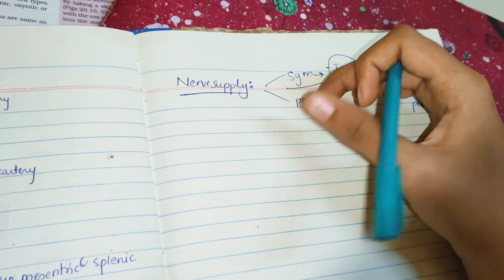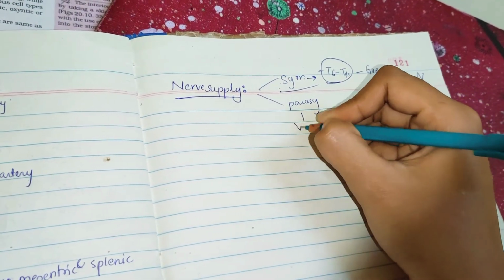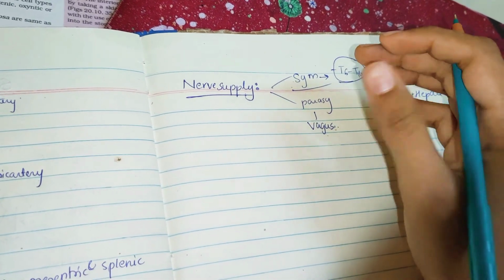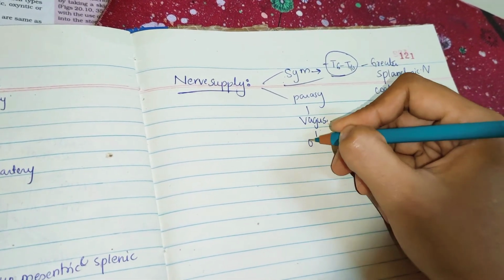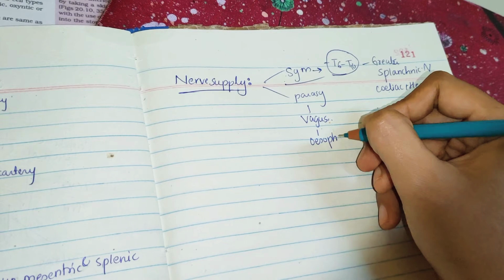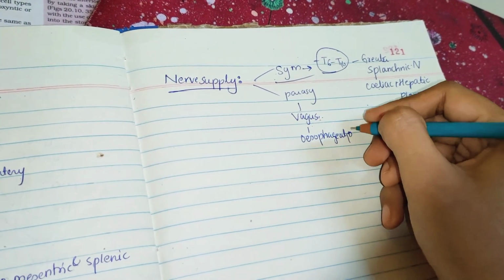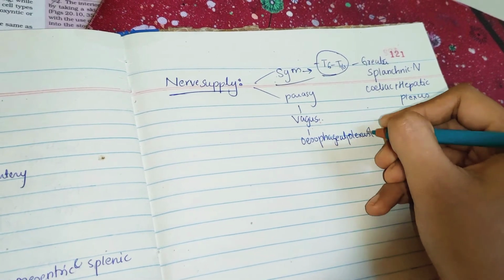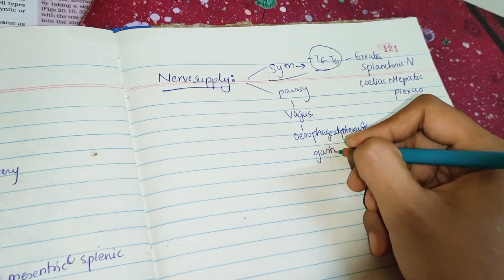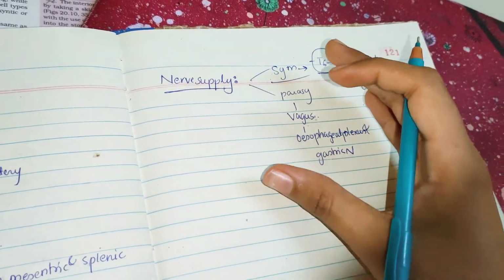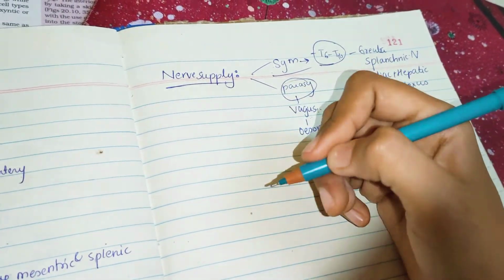Now coming to parasympathetic, they are derived from vagus. Mainly they are coming from esophageal plexus and gastric nerves. And now let us draw a diagram for the parasympathetic nerves.